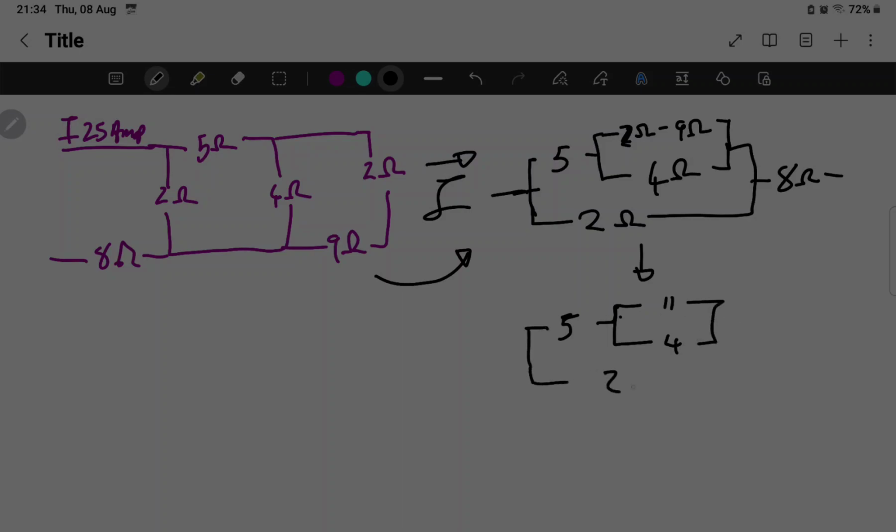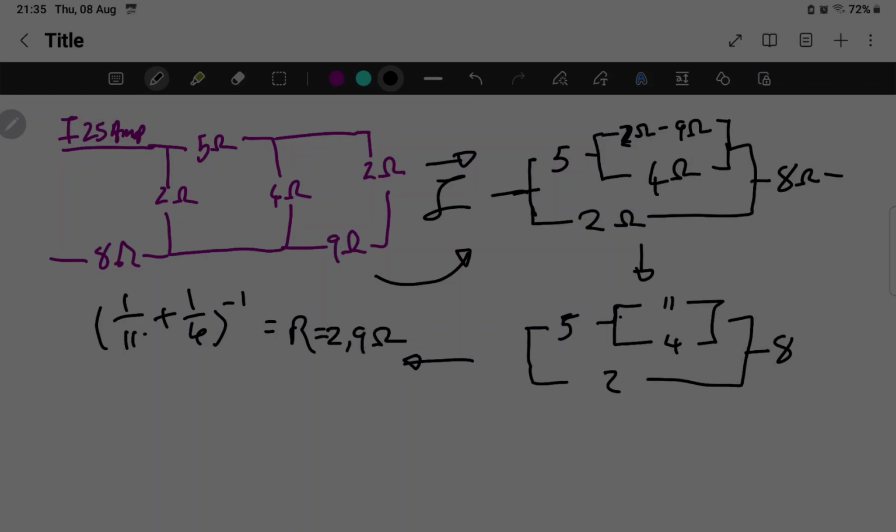Then we have 2, and we have 8. Now let's simplify again: 1 over 11 plus 1 over 4, to the minus 1, equals the resistance. We have a resistance here of 2.9 ohms.